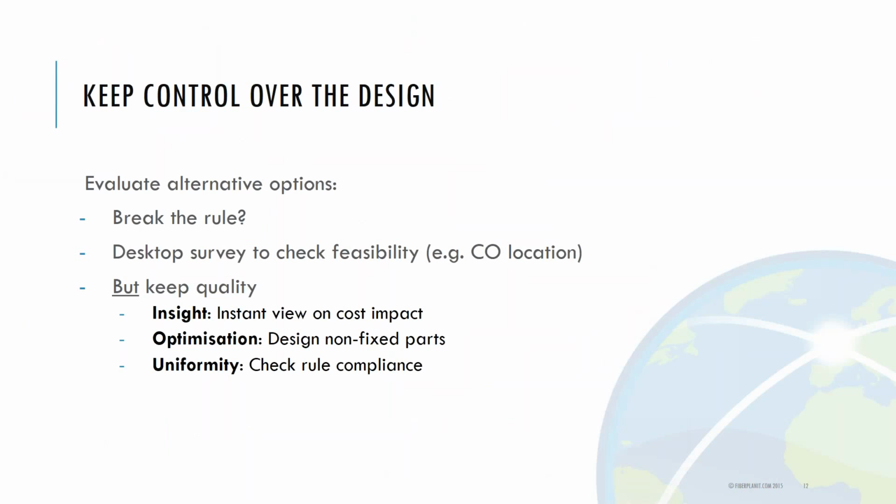What's important as well is that during this whole design process, we want to give full control over the quality and the output to the planner. And this can mean in some situations that a planner wants to evaluate alternative options to what is suggested by the tool. For example, there can be cases where one rule could occasionally be broken.